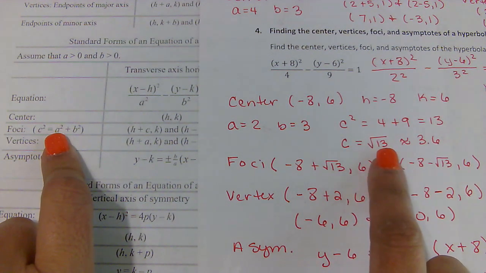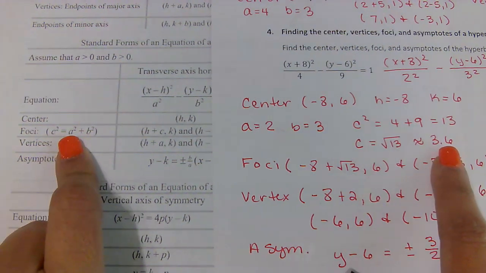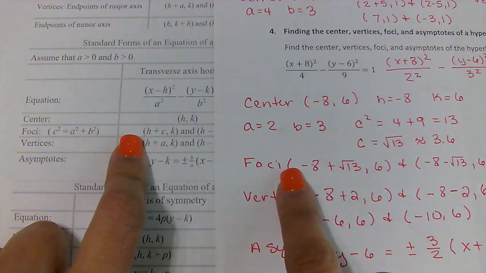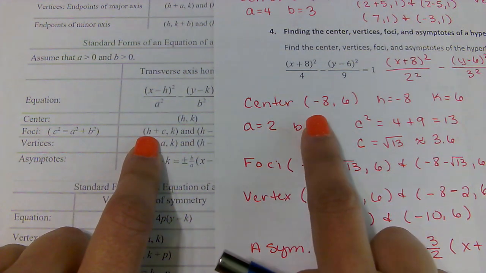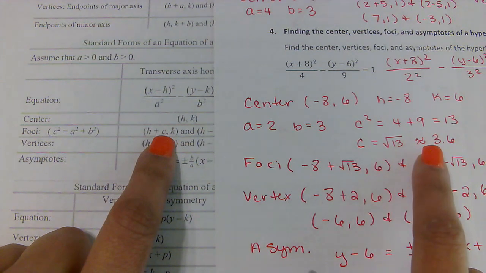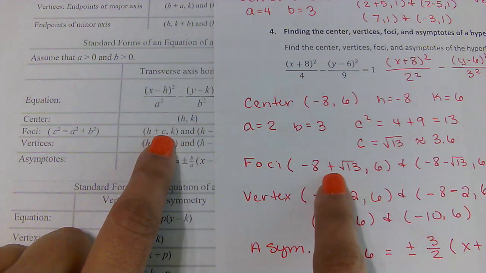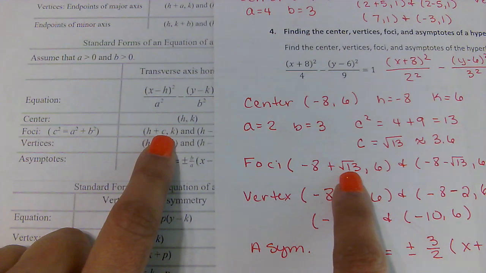If we're finding the foci, we definitely want to use the exact value and not the approximation. So our foci is going to be h, which is negative 8, plus c, which is going to be the square root of 13. We cannot add these two terms together because this is a rational number and this is an irrational number.